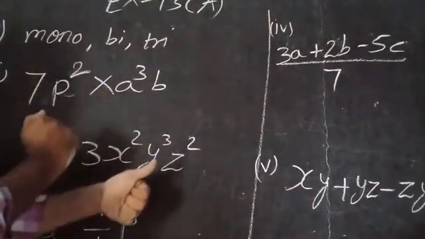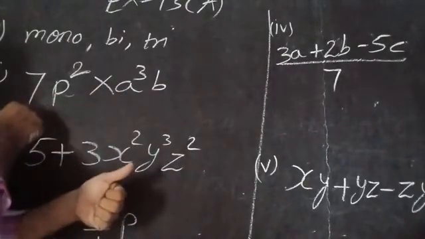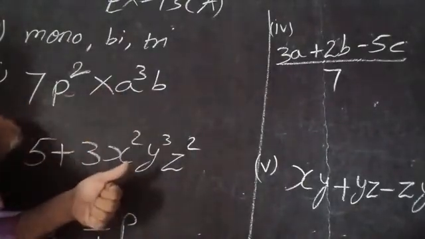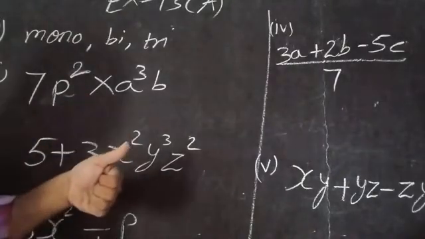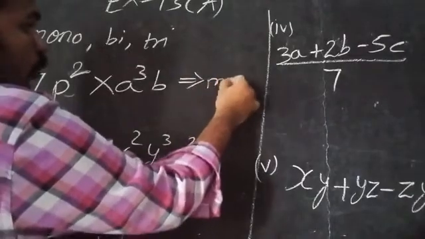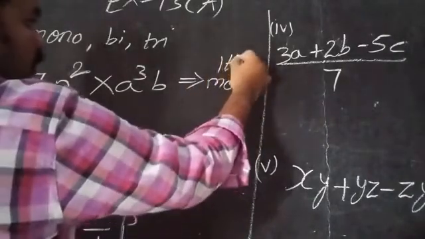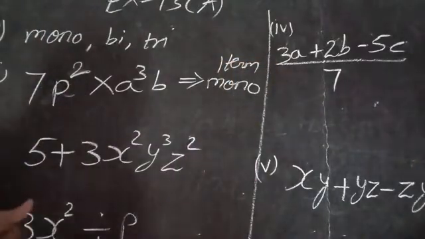Left hand already opened once. Now I am seeing here any plus sign? No. Any minus sign? No. My fingers opened are only one. So it is a monomial, only one term.